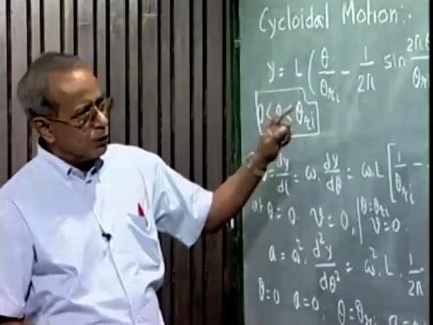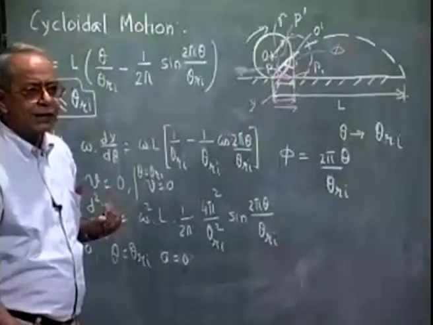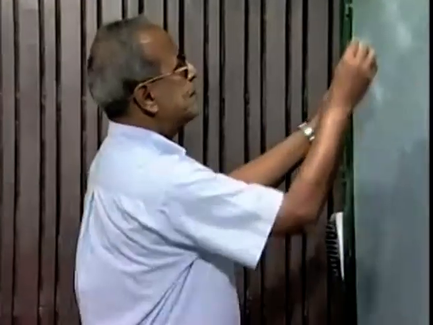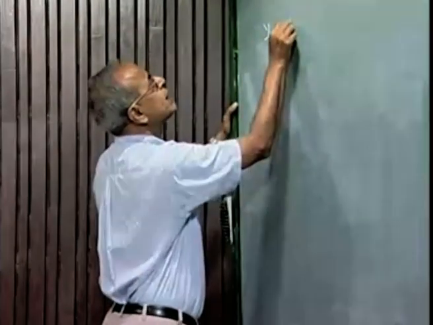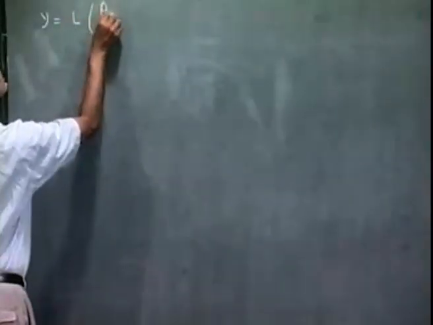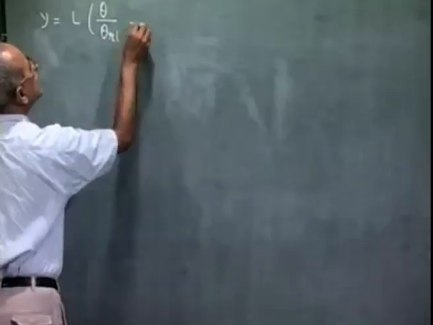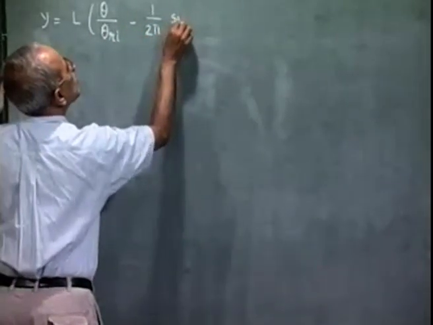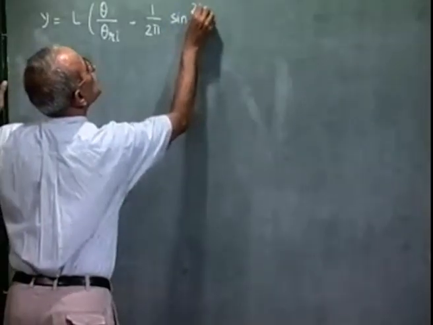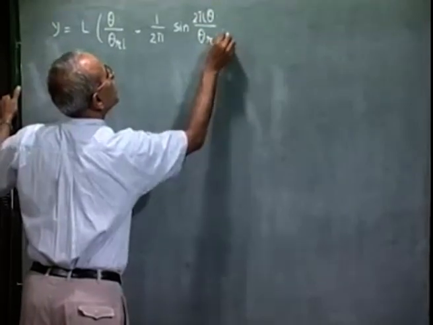Next I will show how to draw this displacement diagram corresponding to this cycloidal motion. Now we know the expression for the cycloidal motion, the follower displacement expression we have just now shown, is L into theta by theta Ri minus 1 by 2 pi into sine 2 pi theta by theta Ri.